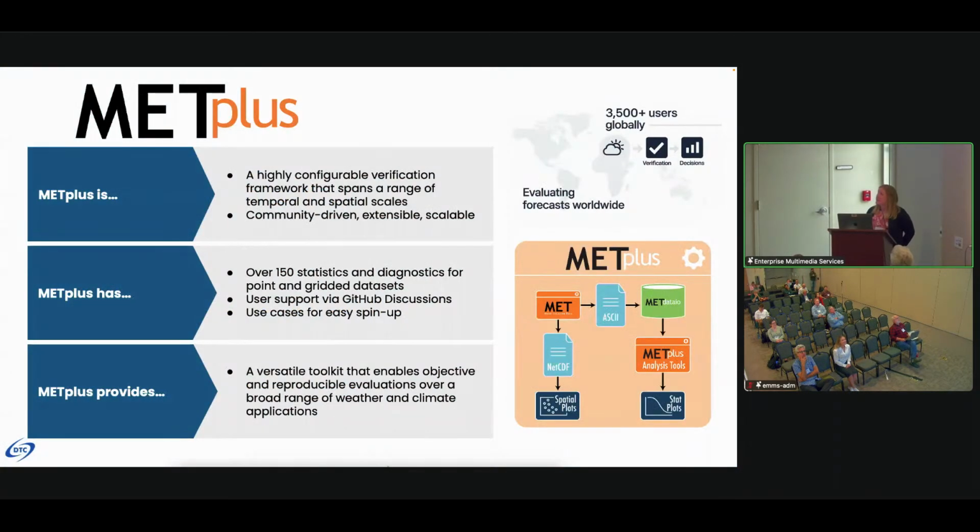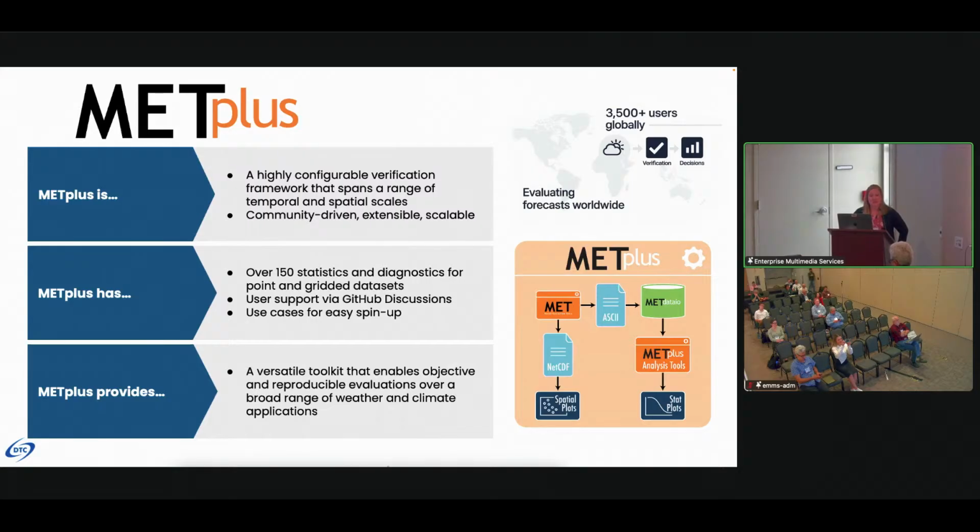All right, so the main focus of this talk is the framework that is built on METplus, and this is a little different session than I normally speak in, so I thought it would be good to give a little bit of an overview of the METplus software for those who are unfamiliar. So METplus is a highly configurable verification framework that spans a range of temporal and spatial scales.